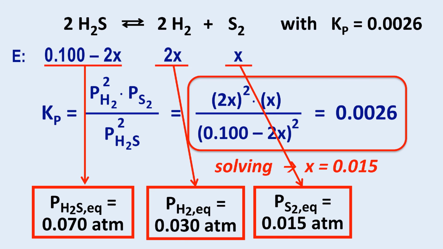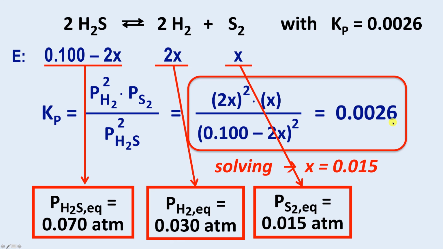And then one last thing, it's often a good idea, if you have time, to do a quick check to make sure you solved things right. If you did everything right, then the pressure of H2 squared times the pressure of S2 divided by the pressure of H2S at equilibrium, when we do that ratio with these values, we should get about 0.0026.